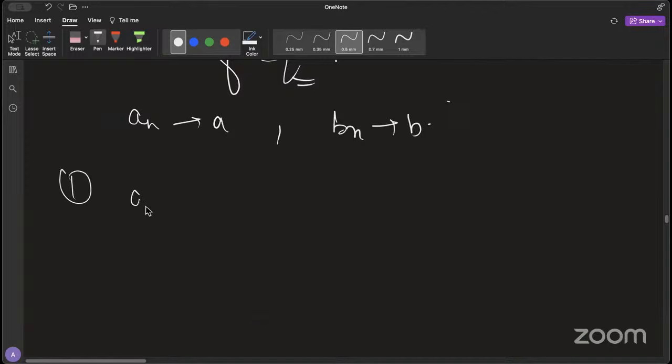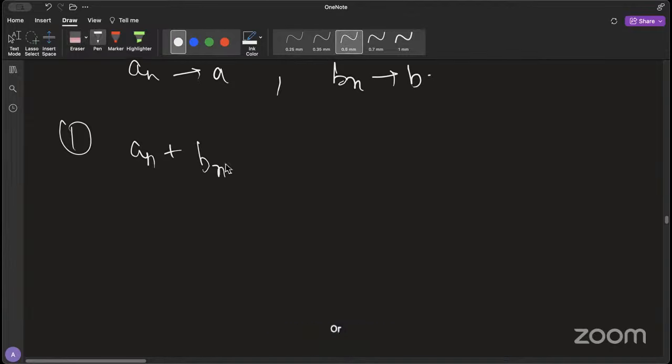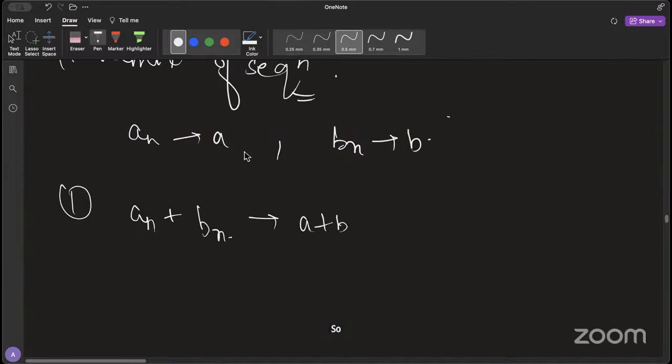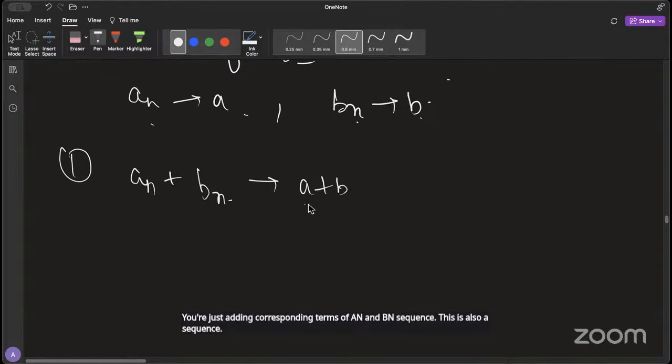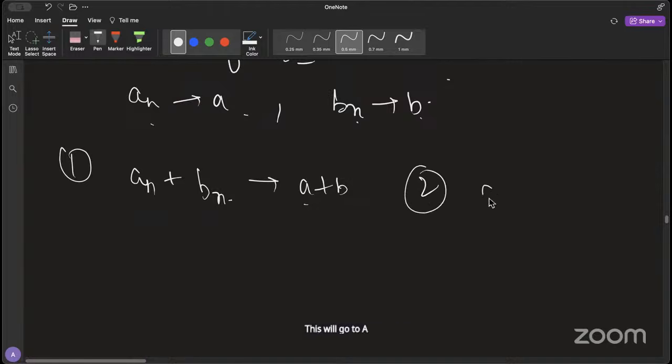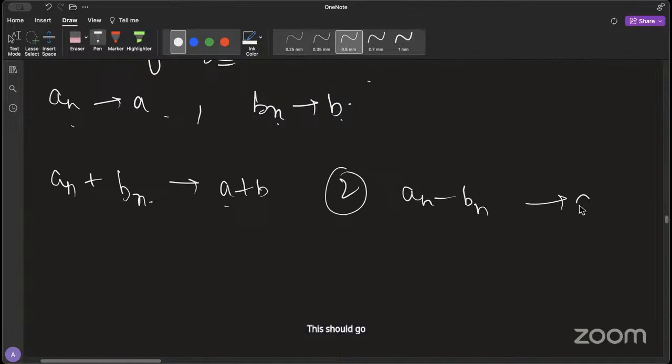Then first, what will the sum converge to? This will converge to a plus b. So if an is going to a and bn is going to b, then an plus bn, which is also a sequence where you're just adding corresponding terms of the an and bn sequences, will go to a plus b. And second, if you do an minus bn, this should go to a minus b.